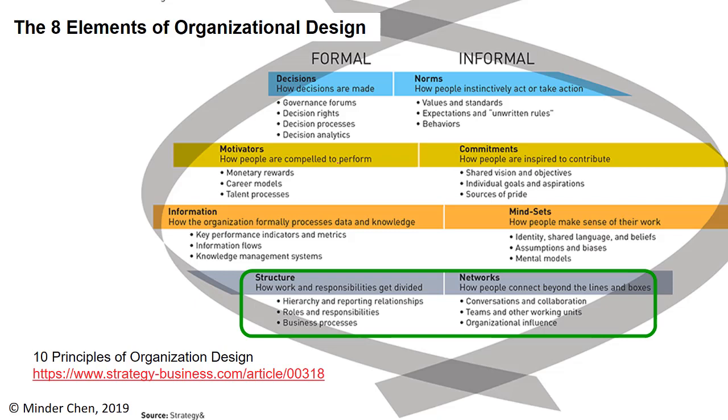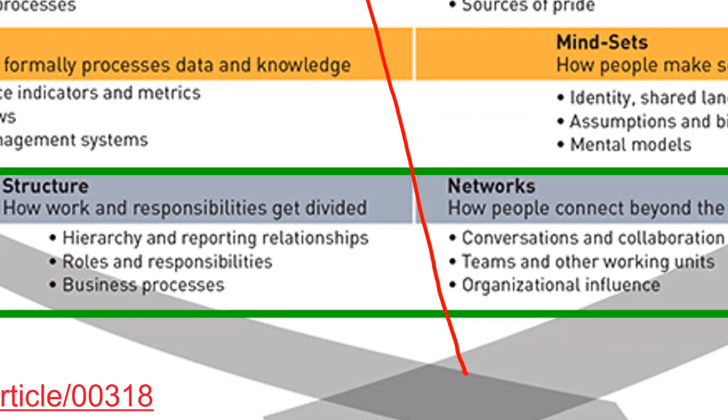This picture is from an article from Strategy and Business Journal. You can access this article by following the link. We're not getting into the detail. They classified some elements of organizational design into formal and informal. Let's get into an example, which is this portion.